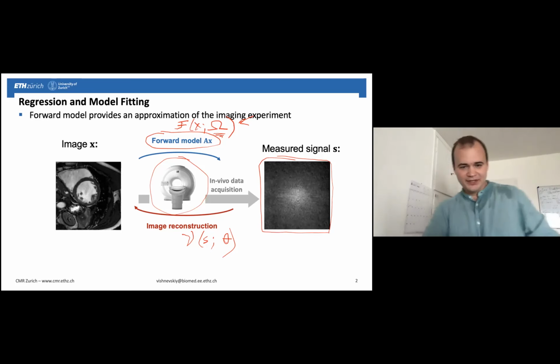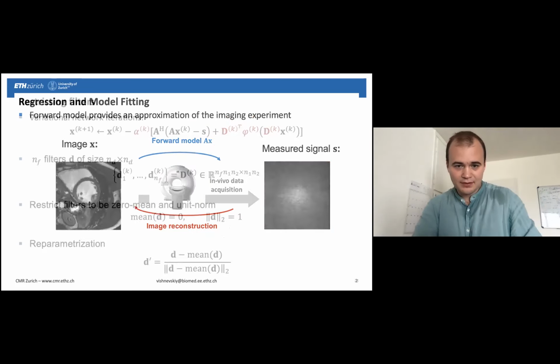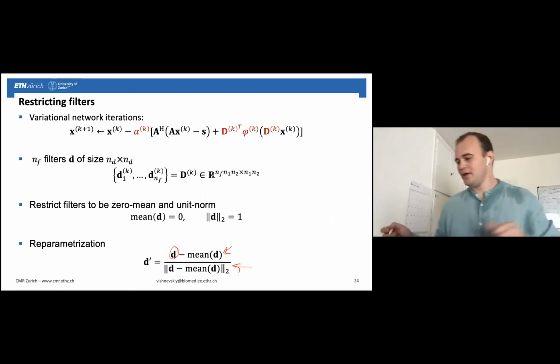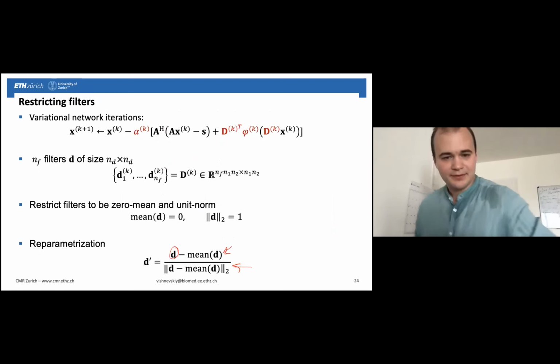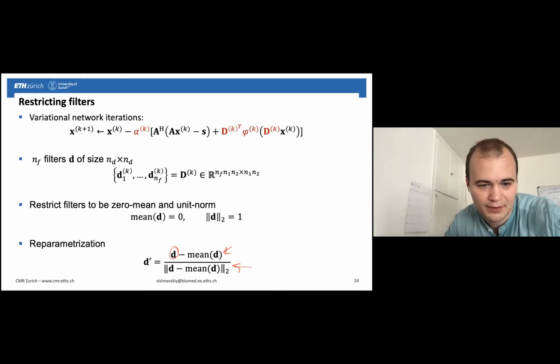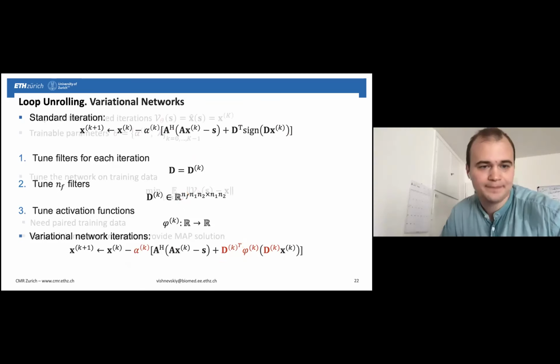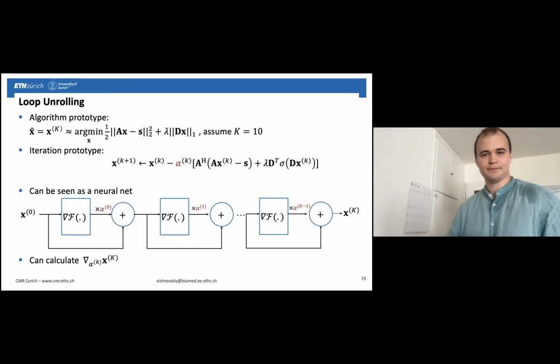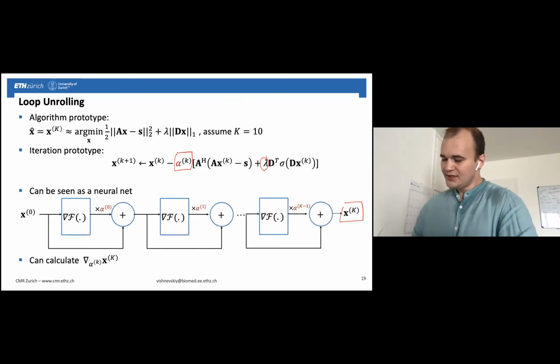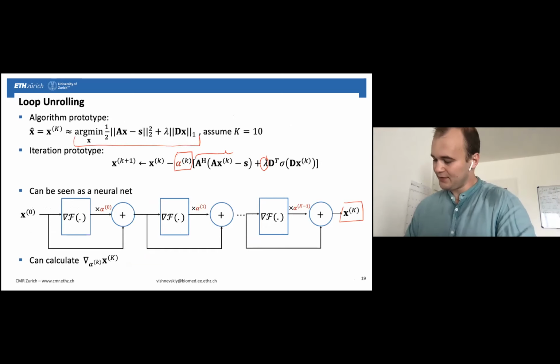If you look at this iteration, that classical variational network iteration, exactly. So we started with this optimization problem. We took the gradients, right? It's the gradient of the data term.